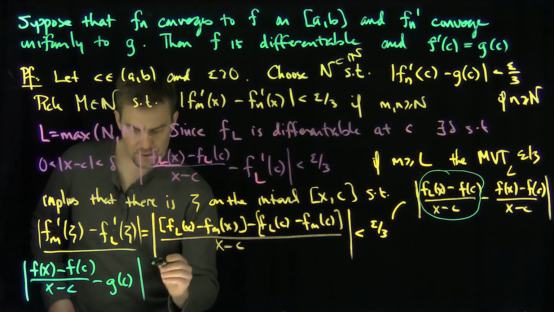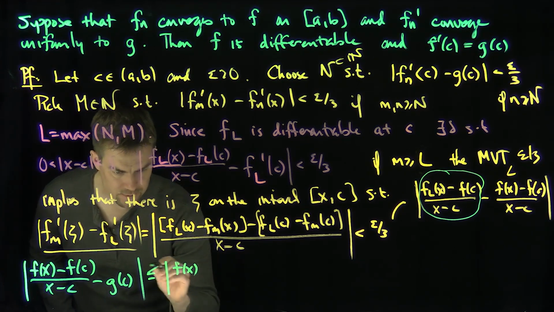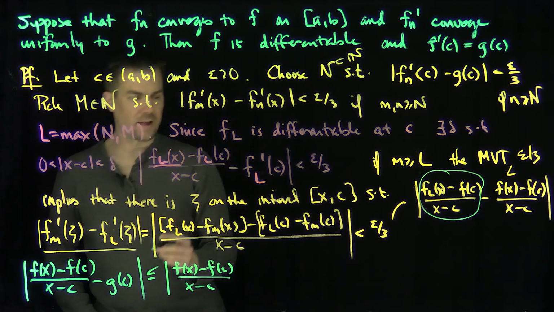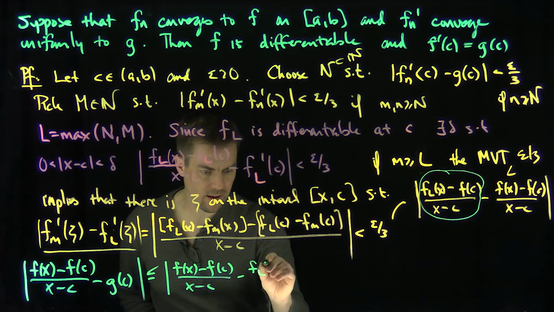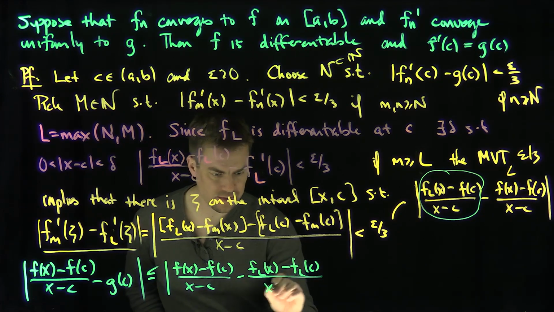So now what do we have over here? Now this is going to be less than or equal to 3 things: f(x) minus f(c) over x minus c. And then from that, I'm going to subtract off f_L(x) minus f_L(c) over x minus c.